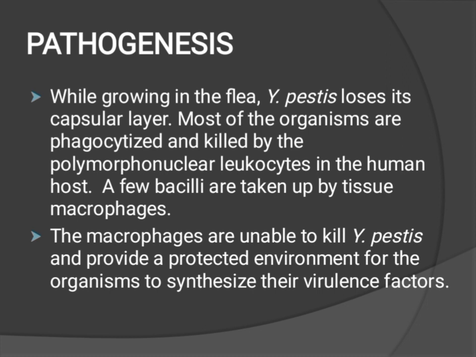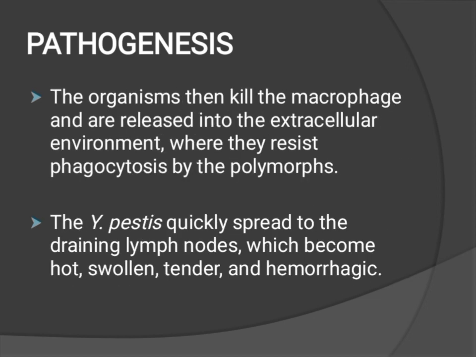The macrophages are unable to kill Yersinia pestis and provide a protected environment for the organisms to synthesize their virulence factors. The organisms then kill the macrophage and are released into the extracellular environment, where they resist phagocytosis by the polymorphs.